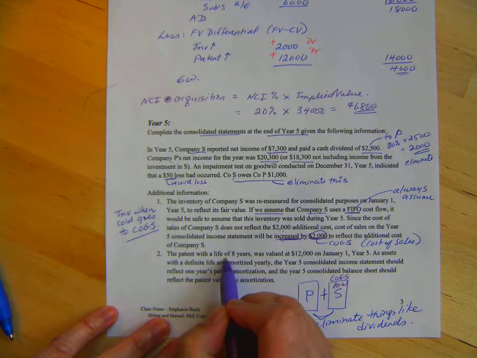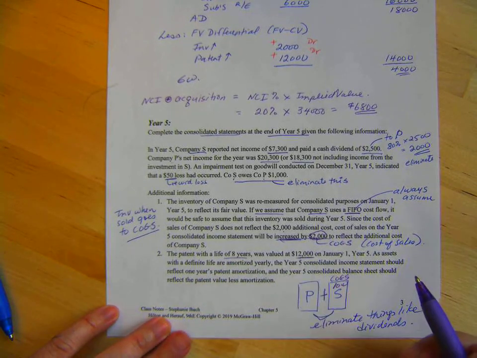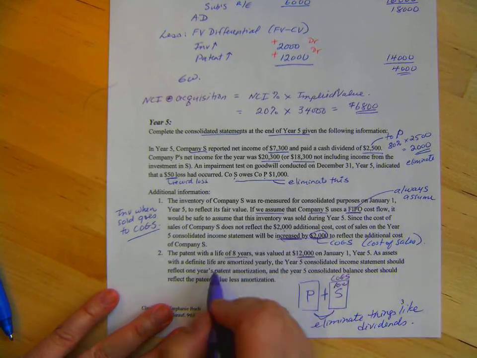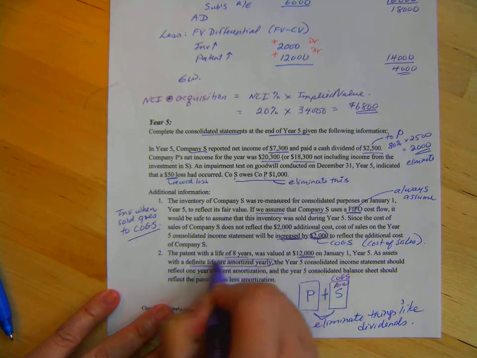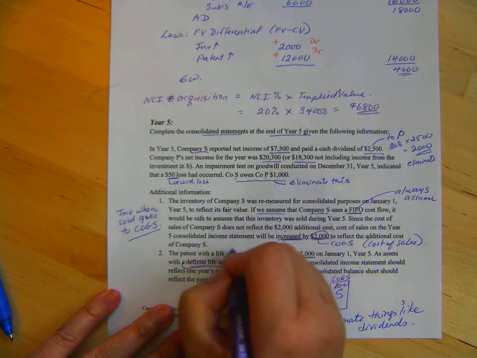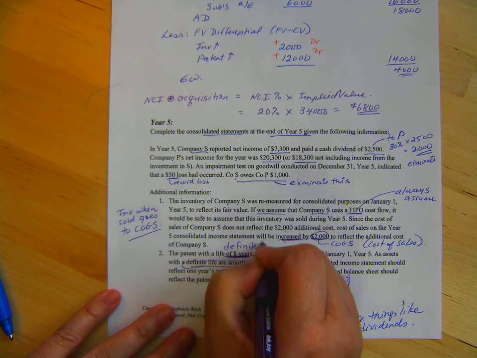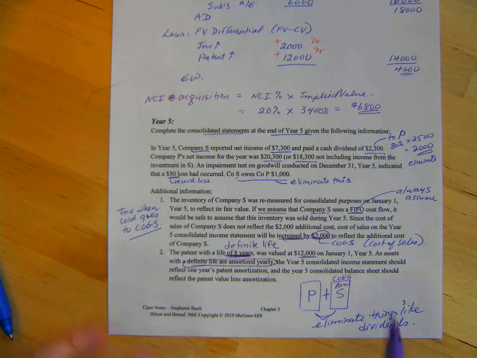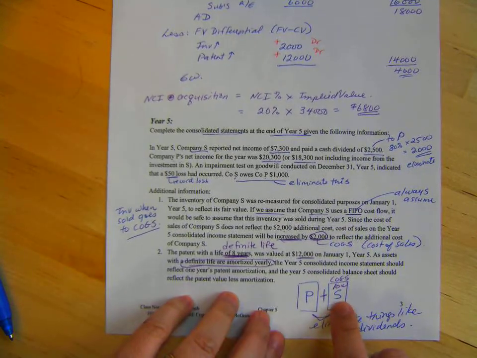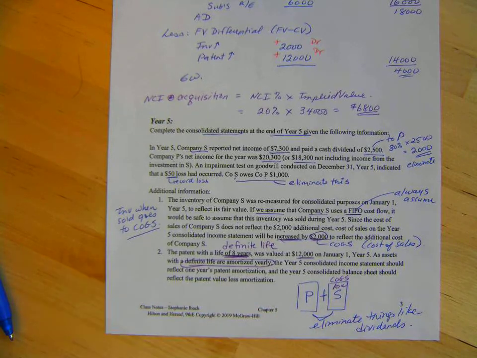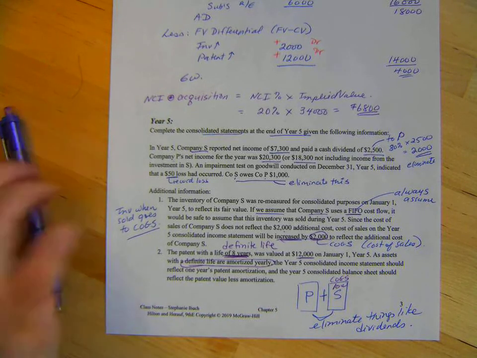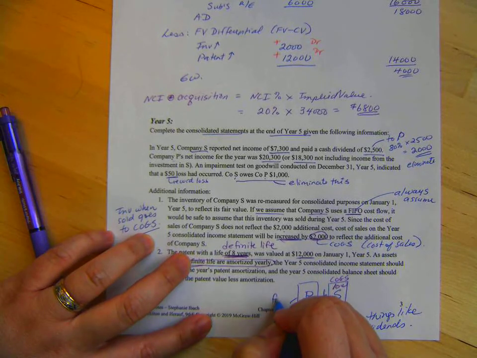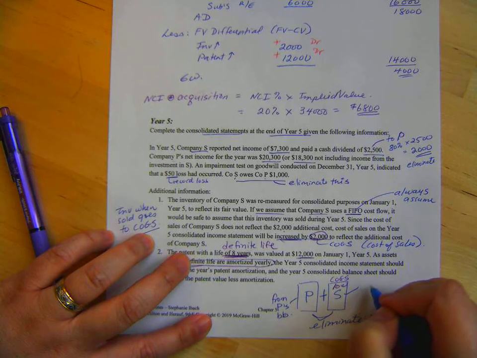Okay, the next thing, the patent with a life of 8 years, value 1,000, and we have to amortize it yearly because notice it's got a definite life. So again, that patent is not on the sub statement. We're pulling off the statements from the parents' books, and this is from the sub's books.